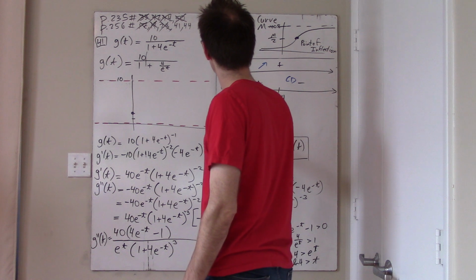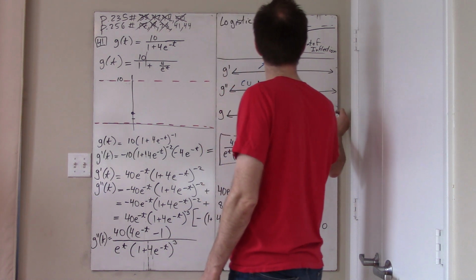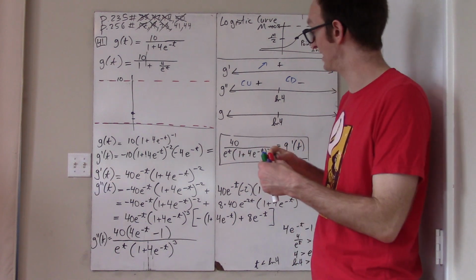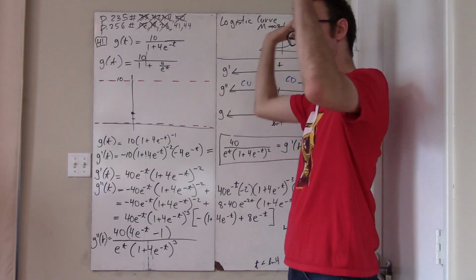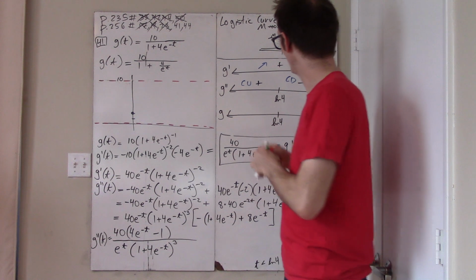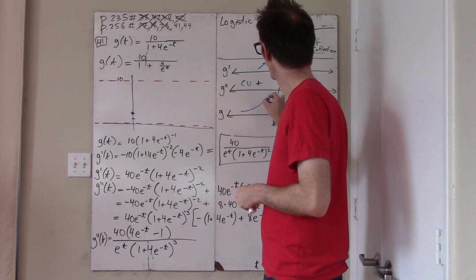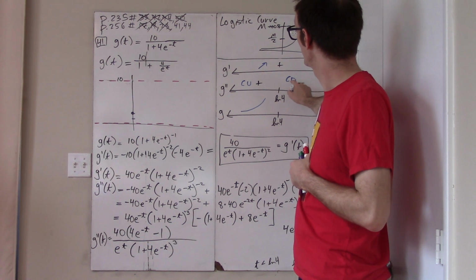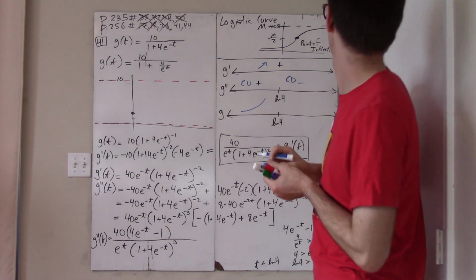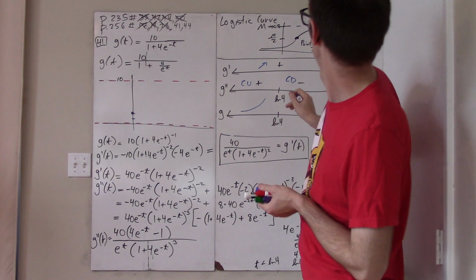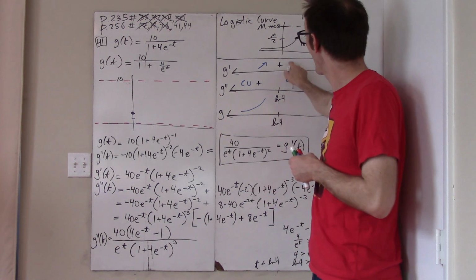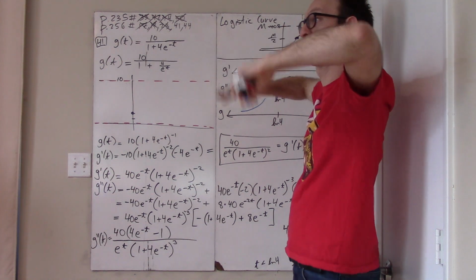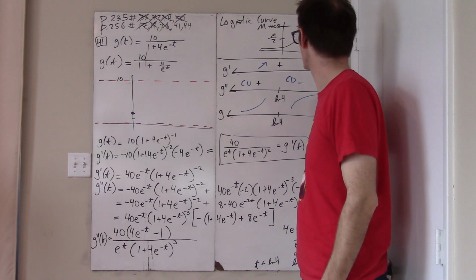And then putting this all together, I determine that the shape of my graph is increasing concave up, so concave up increasing, and concave down increasing, so concave down increasing looks like this.